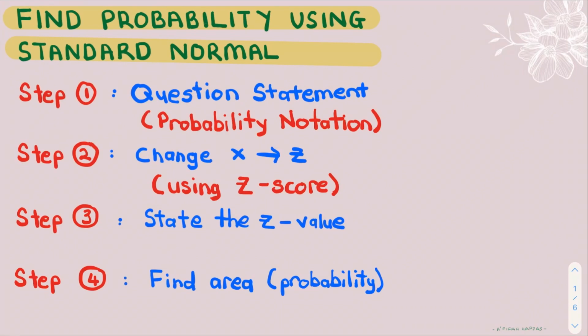Okay, first thing first, when you have a normal distribution, always write down your random variable. Your random variable can be any unknown, but usually we put it as X. And the notation for random variable X having a normal with the parameters mu and sigma.